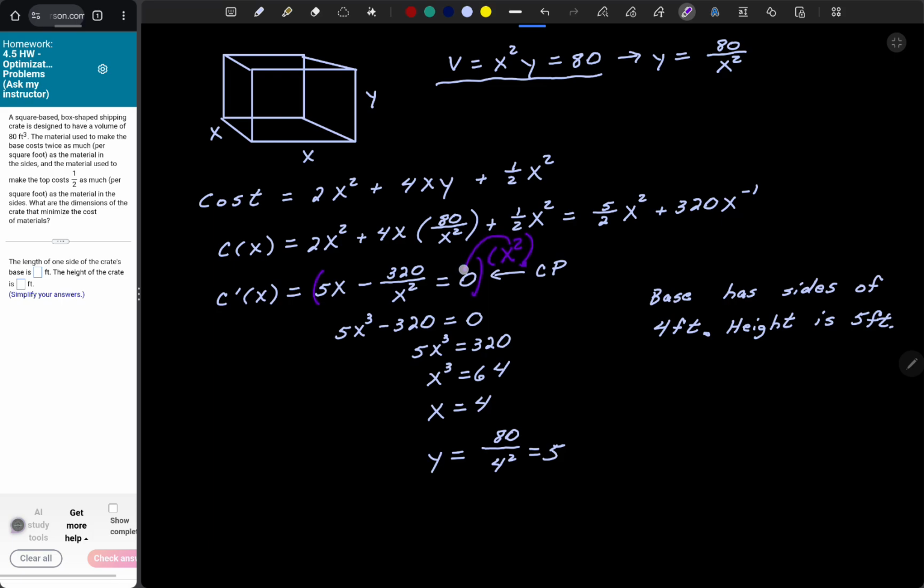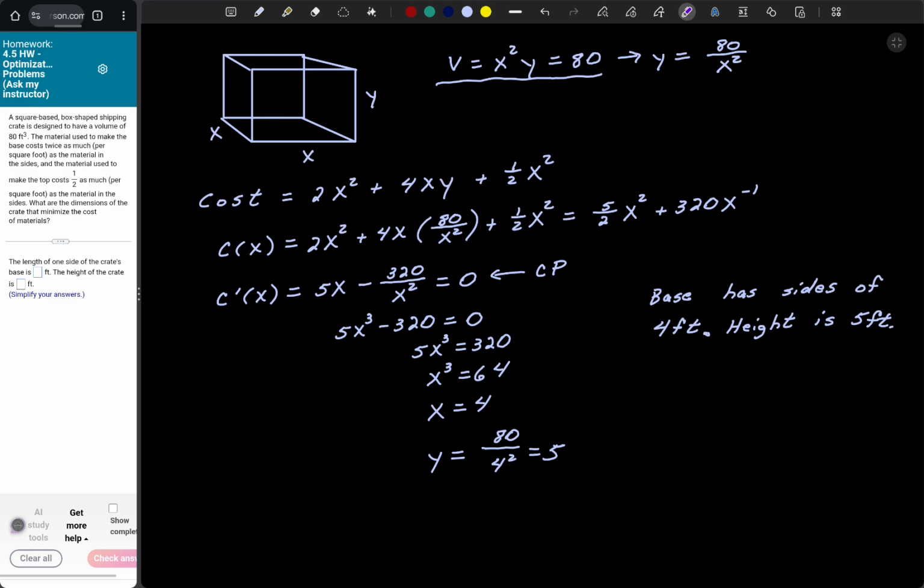On the right, it's still 0. On the left, I get 5x cubed minus 320. Now I move the 320 over to the right, where it goes positive. Divide by 5 on each side, and we get x cubed is equal to 64. Take the cube root of that, and you get x equals 4.